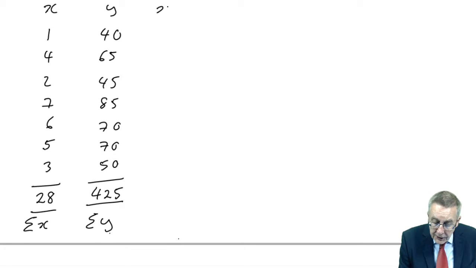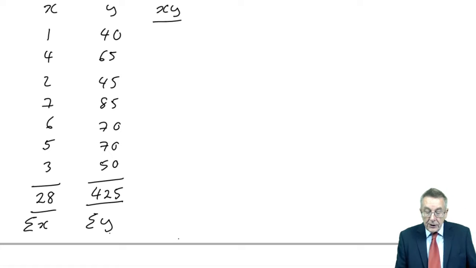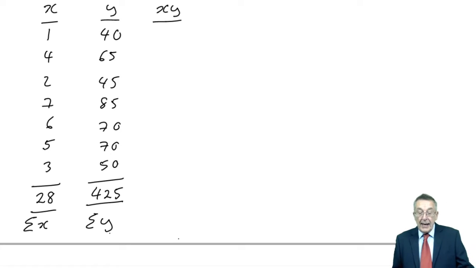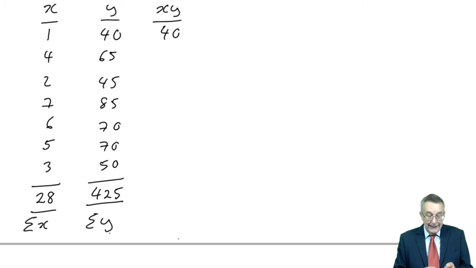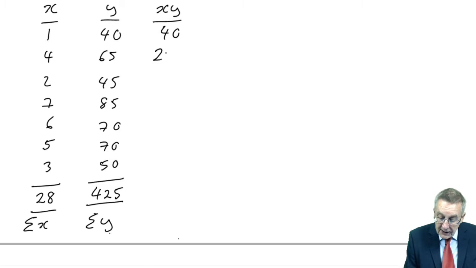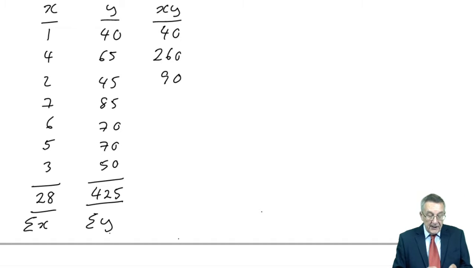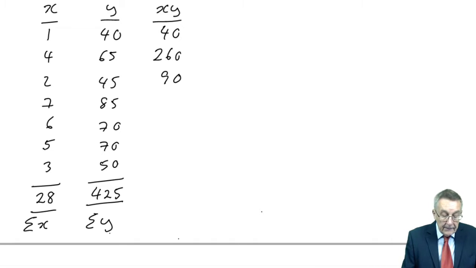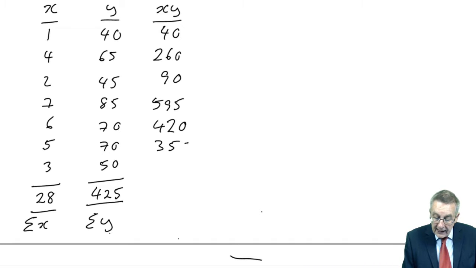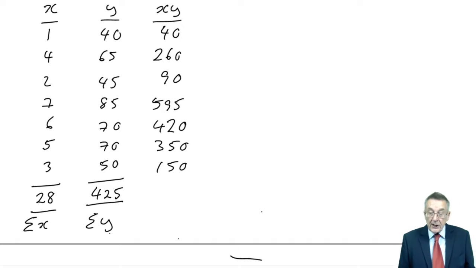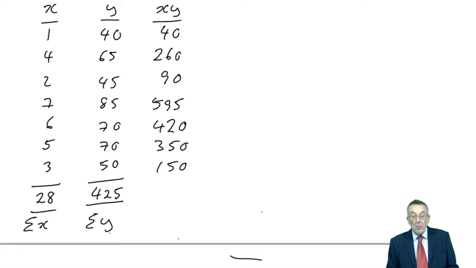So for each set of observations, let's work out x times y. 1 times 40 is 40. 4 times 65 is 260. 2 times 45 is 90. 7 times 85 is 595. 6 times 70 is 420. 350. 150. So there's xy in each case.